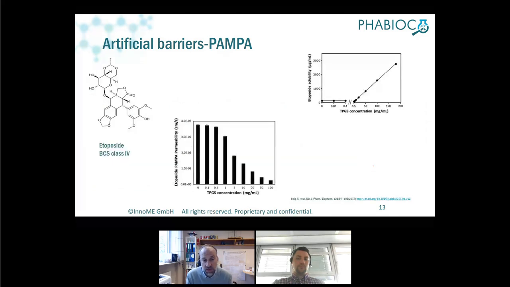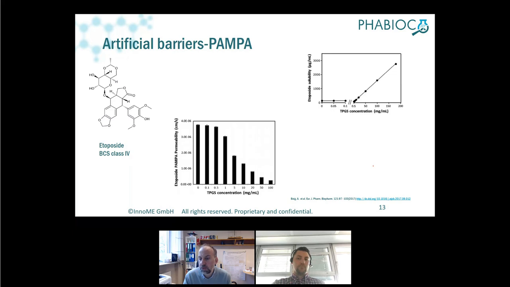Some PAMPA barriers have also been tested for predictability utilizing enabling formulations. A nice example is a work from Beng et al. in 2017, where they tested the BCS class 4 drug etoposide, very poorly soluble and very poorly permeable.